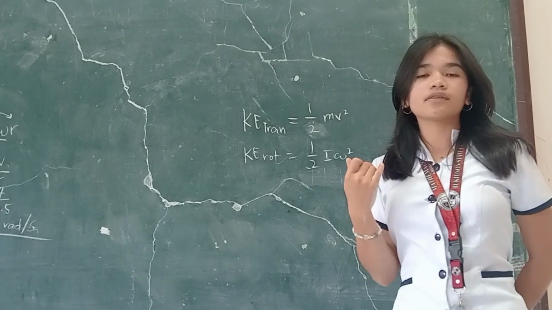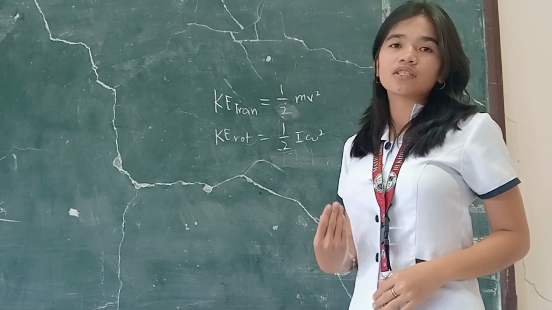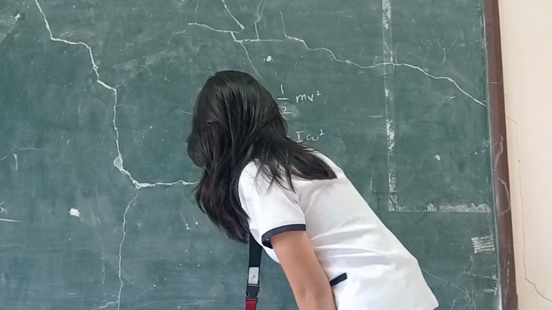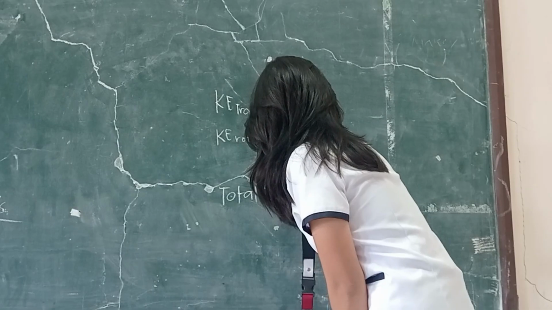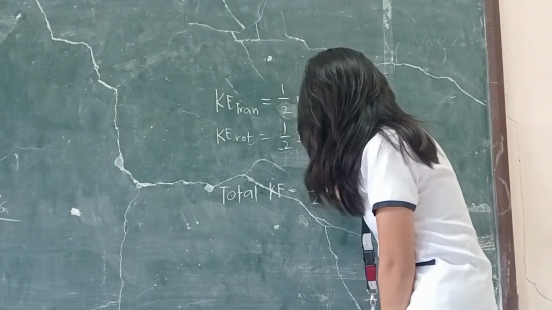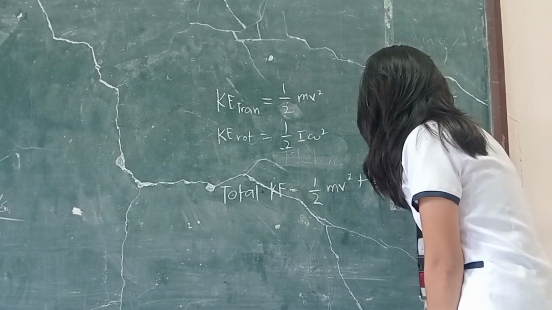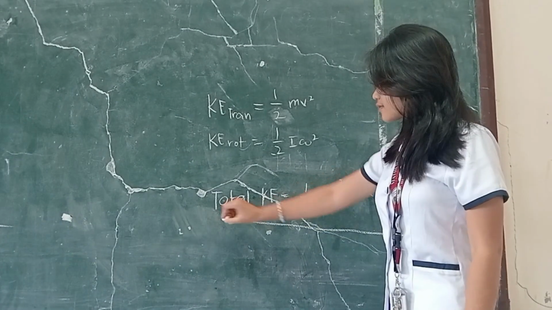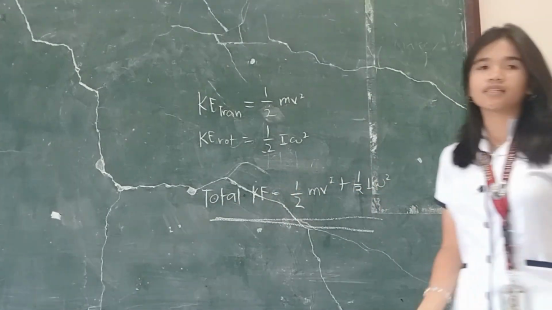That would be our two parts. Combining the two, we will have the total kinetic energy. Its formula would be total KE is equal to 1/2 mv squared plus 1/2 I omega squared. And this would be our total kinetic energy formula.